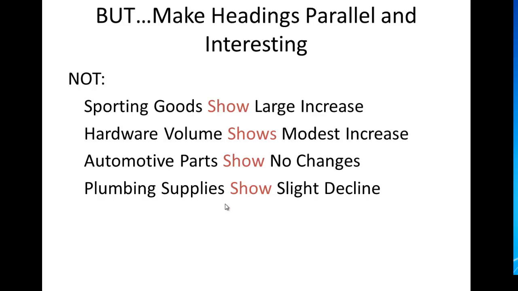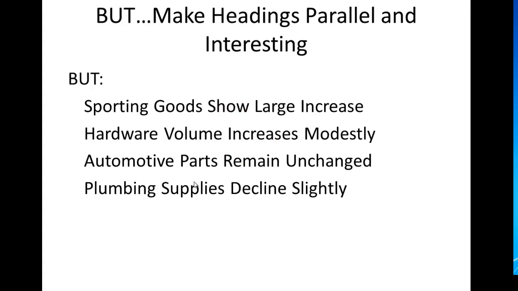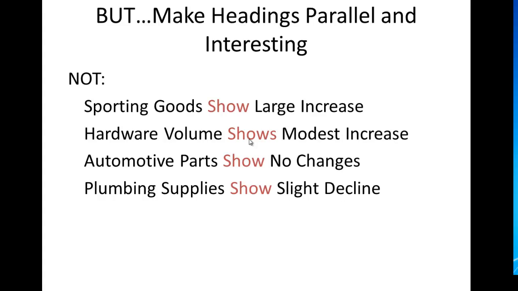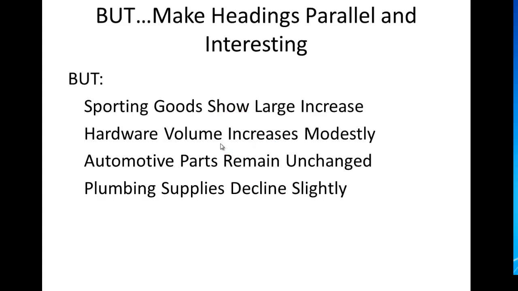So we'd want to still make them parallel, but we want to have some more variety as far as word choice. Instead, we could do something like sporting goods show large increase. Hardware volume increases modestly. Instead of, as we had before, hardware volume shows, we can have hardware volume increases modestly. And that makes it more interesting.